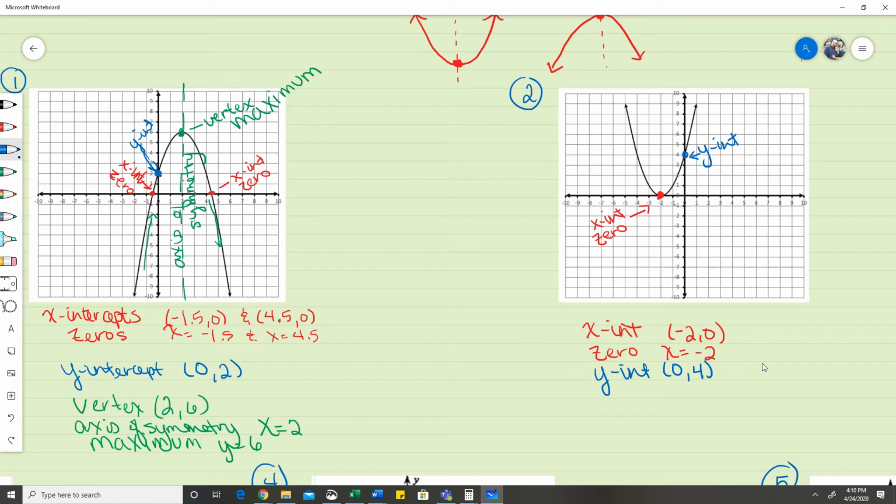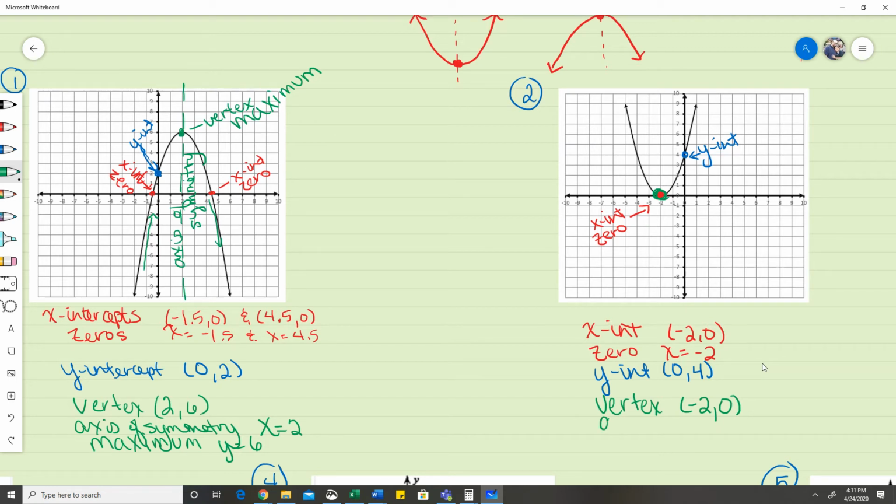And then we start looking at our vertex. Okay, now I want you to notice the vertex is already marked because our vertex and our x-intercept are the same point. So our x-intercept is at -2, or our vertex is at -2, 0.